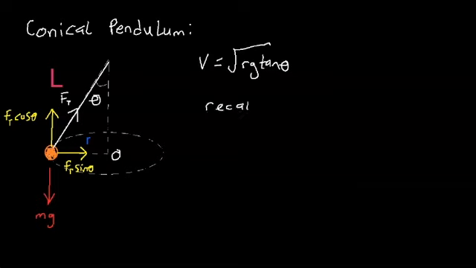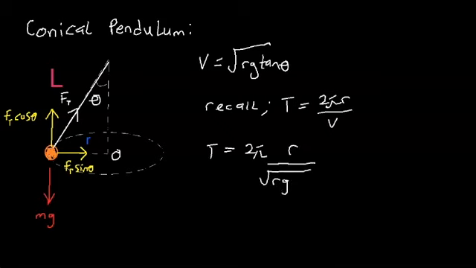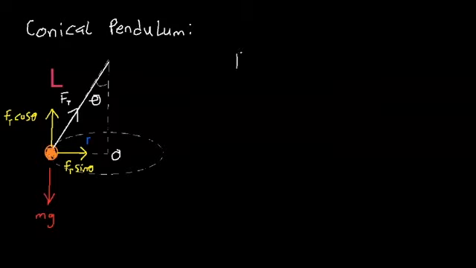Now recall our equation for the period of uniform circular motion, where we said T equals 2πr over v. Substituting our expression for v into this, we get T equals 2πr over √(rg tan θ). Simplifying this, from our diagram, we can see that our radius r is equal to L sin θ, where L is the length of the conical pendulum.